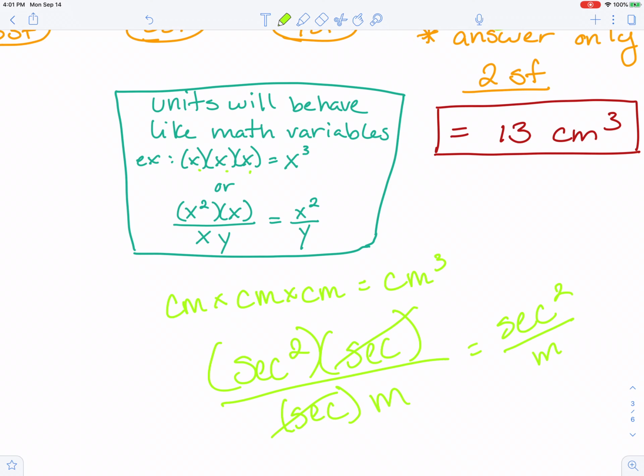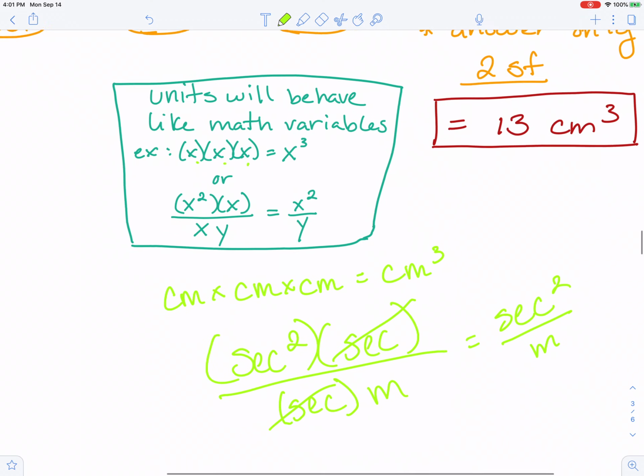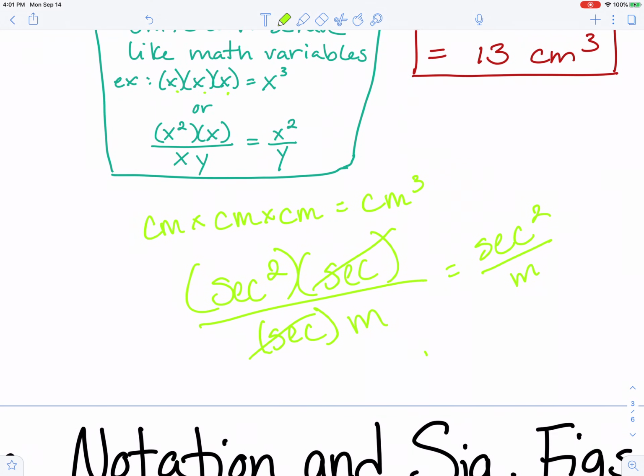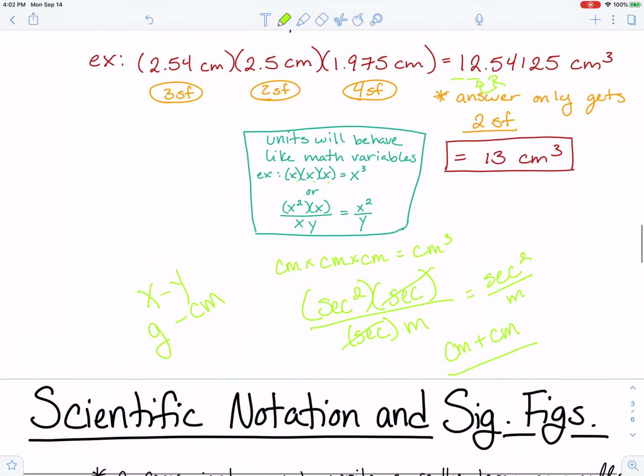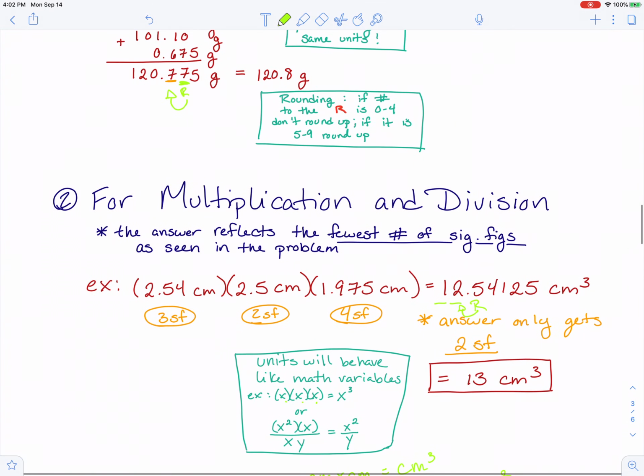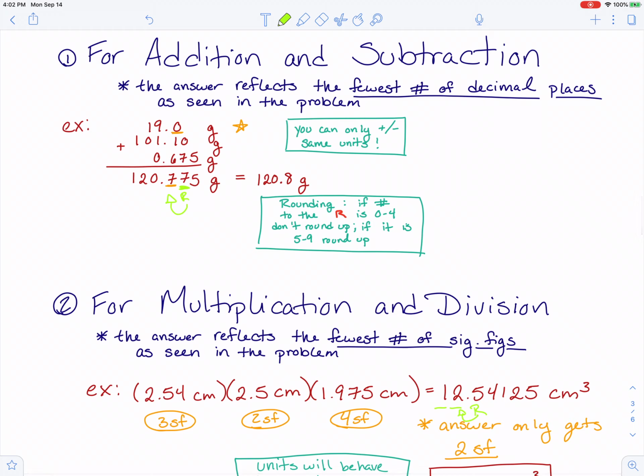They behave like math variables, which is actually important above as well, because you can do centimeters plus centimeters, so you can add like units, but you can't add or subtract units that are not the same. So you cannot do x minus y, just like you can't do grams minus centimeters. So that's a little bit about how we calculate using sig figs.